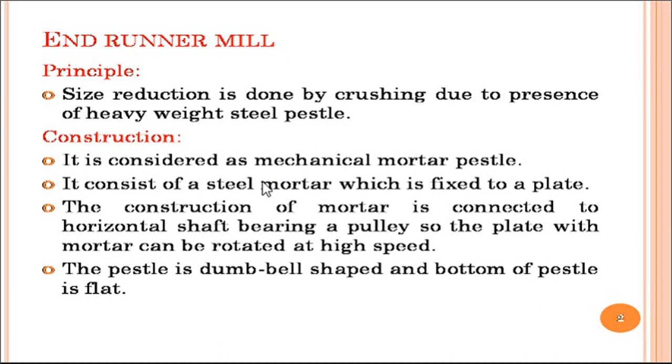So that is all about the end runner mill, and we can use it when we require size reduction of a certain grade of powder materials or certain grade of cubes or undefined particle size of material.